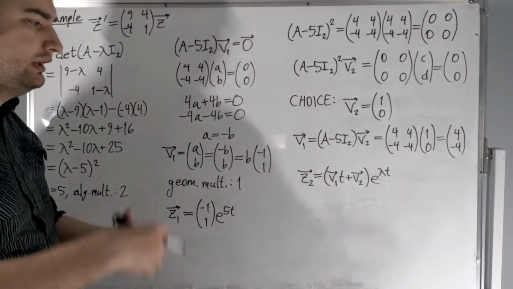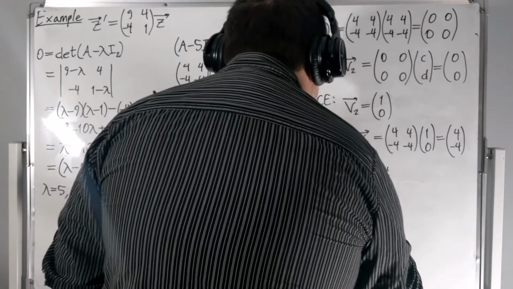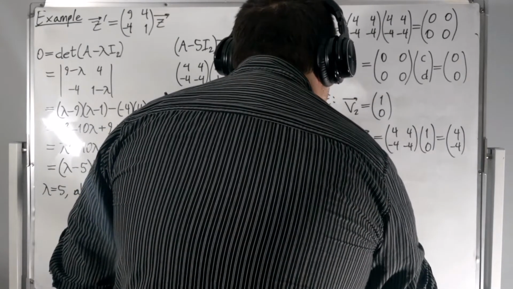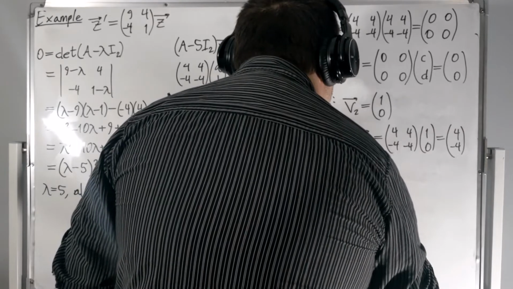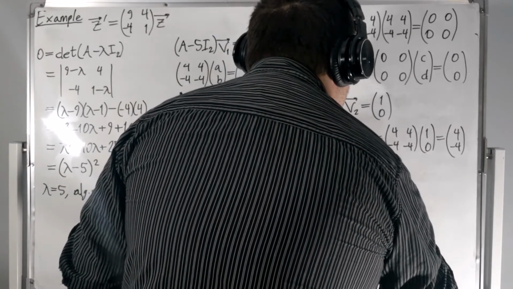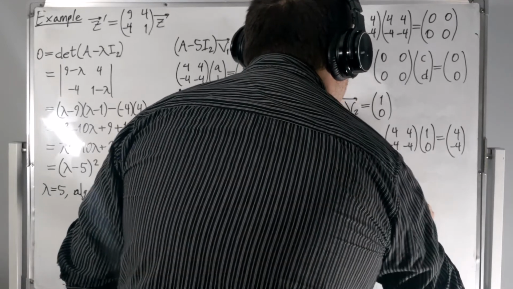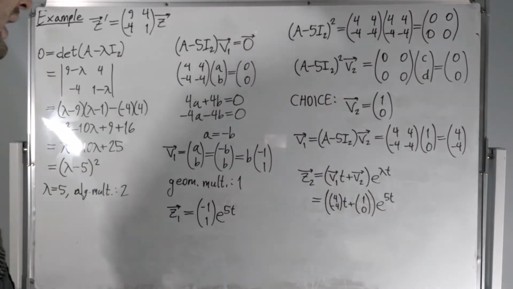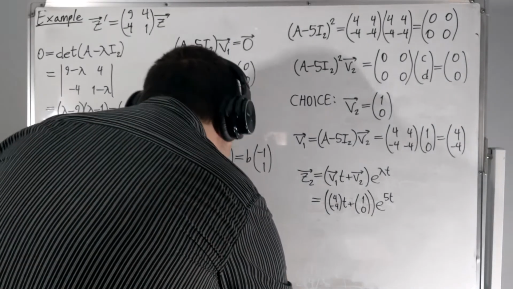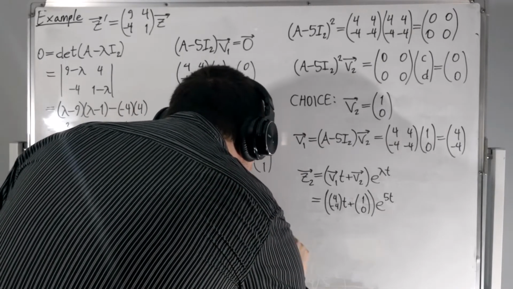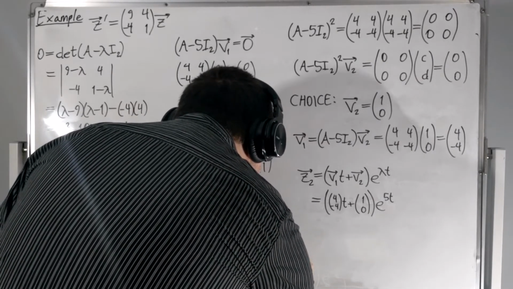So in our case, that's going to be 4, negative 4 times t plus 1, 0 times e to the 5t. Okay, and now finally we have two basis solutions, so we can construct the general solution as all the linear combinations of these.